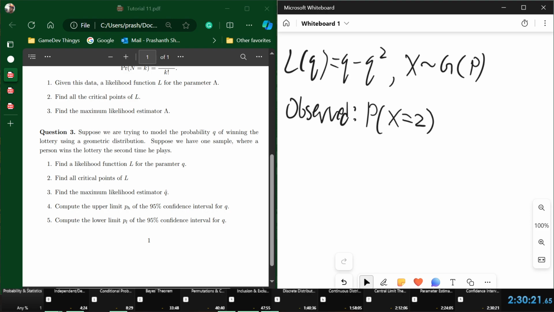The upper limit and the lower limit of Q. The probability is Q. So this is our line of probability. Oh wait, I can hold the line. Yeah. This is 0 and this is 1.